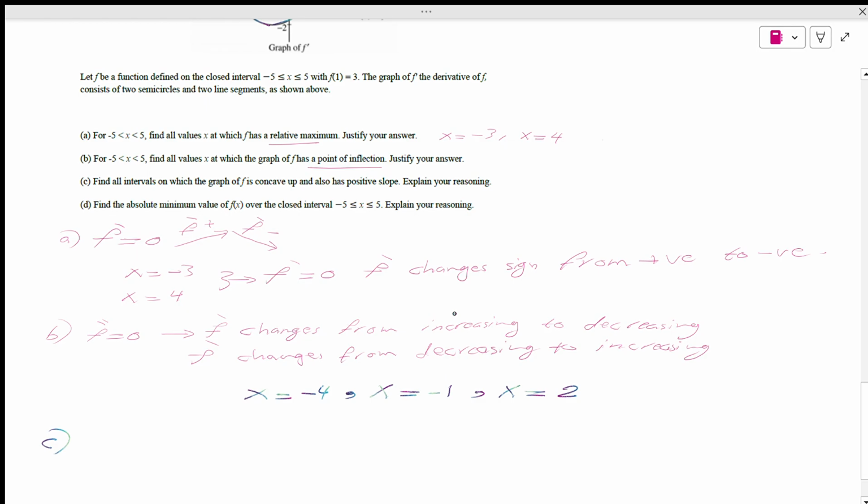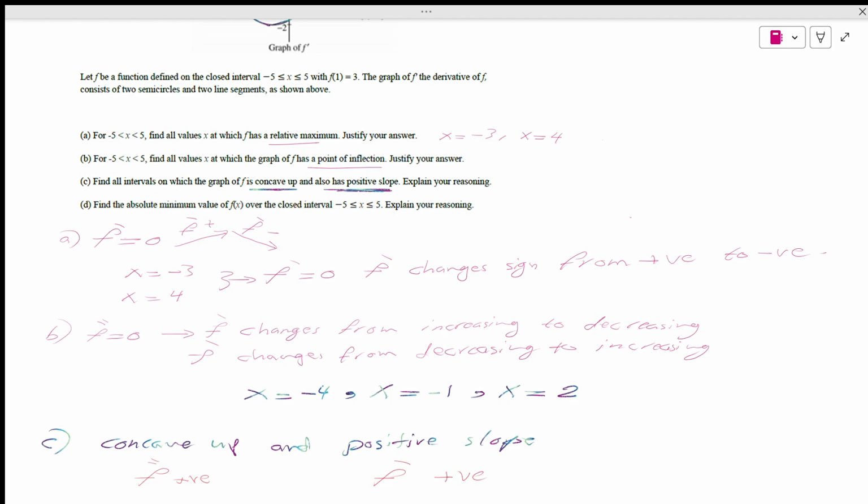Part C says find all intervals in which the graph of f is concave up and has a positive slope. Okay, let's see what that means. Concave up means f double prime is positive, and positive slope means f prime is also positive.